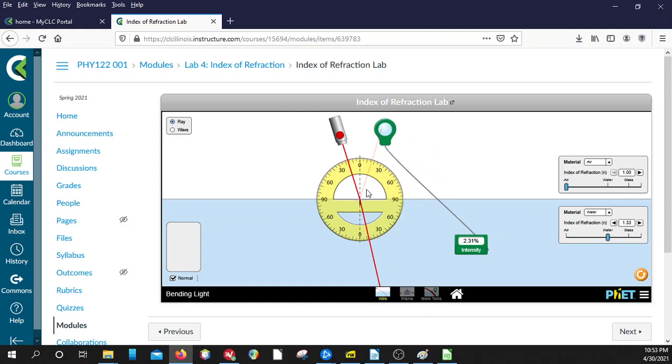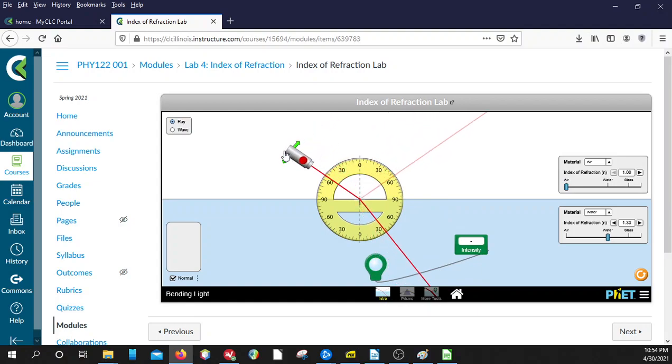So here we can see the reflected ray intensity is about 2.31%. So if you shine light vertically down on a water surface, not much light is going to reflect. And if we look at how much is transmitted into the medium, they should add up to 100, so that should be about 97.69, and that's what we get.